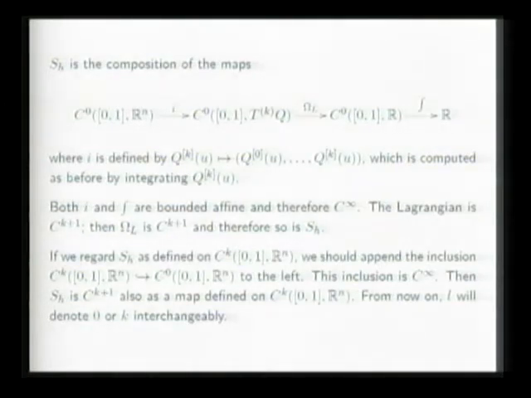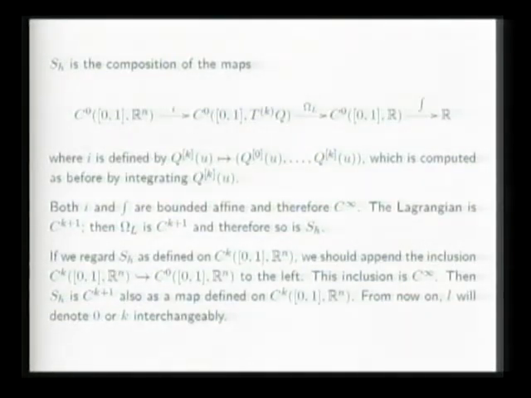Then you compose with L. You get L of this, and finally you integrate. This I here and the integral are affine and bounded and are C infinity. The Lagrangian, our hypothesis before was that it was Ck plus 1. So this composition here by the omega lemma is also Ck plus 1. And so SH, which is this composition, is also Ck plus 1.